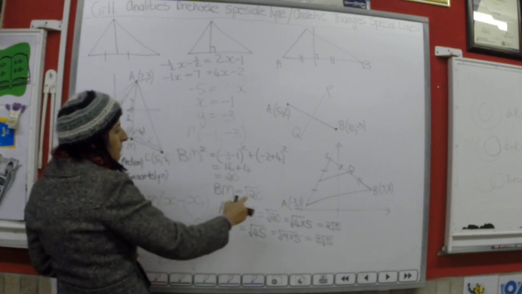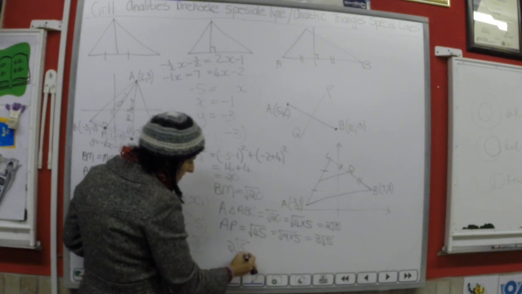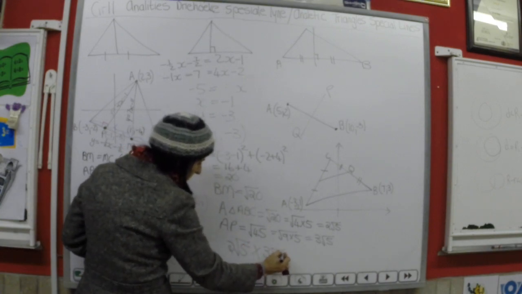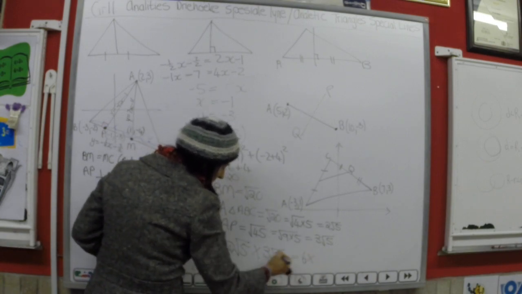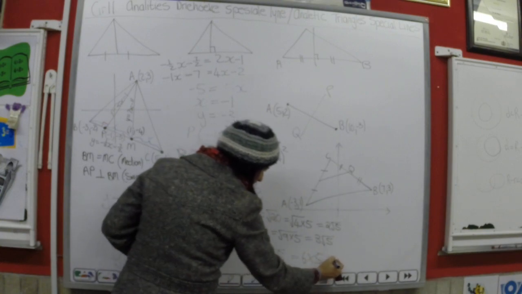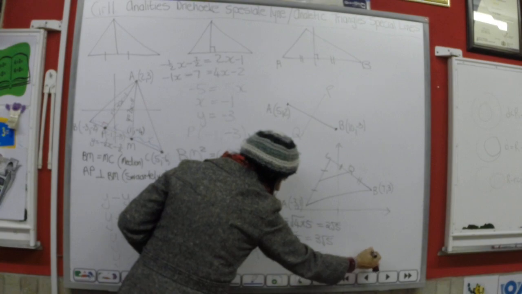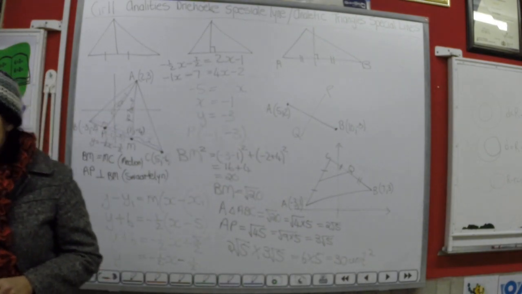So, half base times perpendicular height. So that's going to give me 2 times 3, that gives me 6 times 5, and that's going to be 30 units squared. 30 vierkante eenhede.